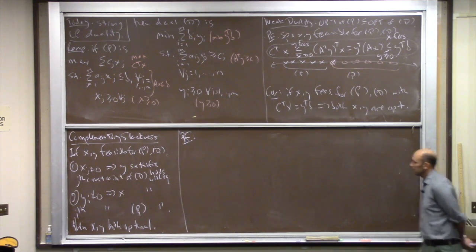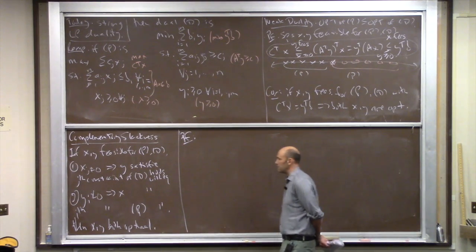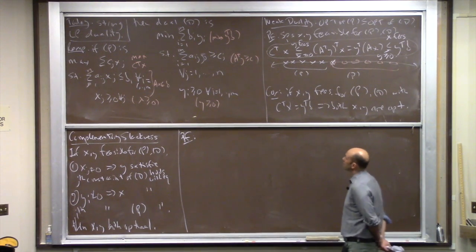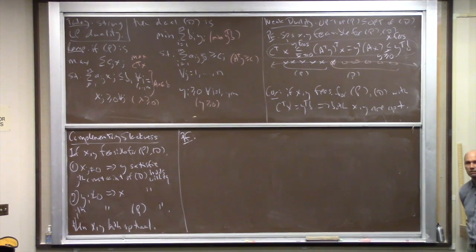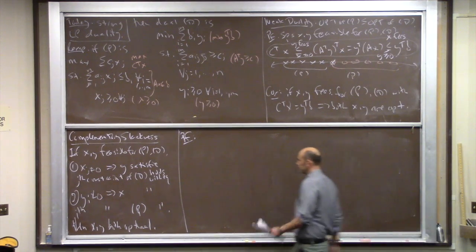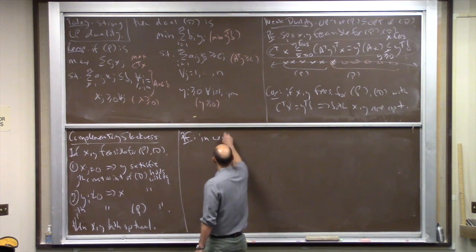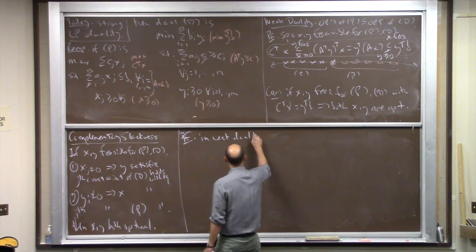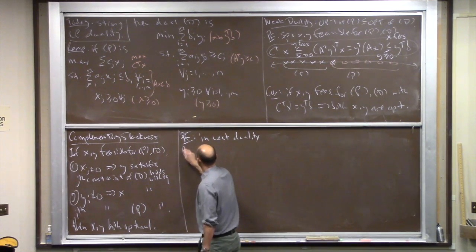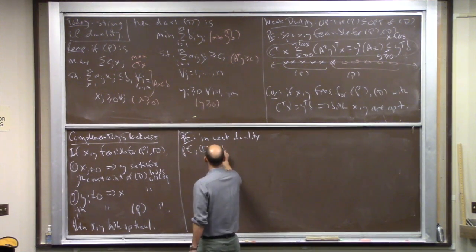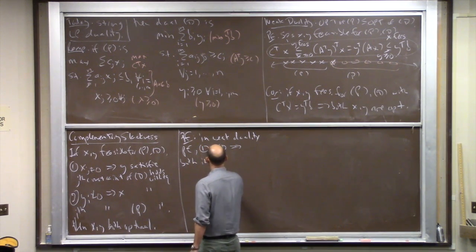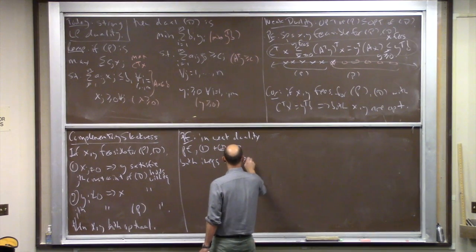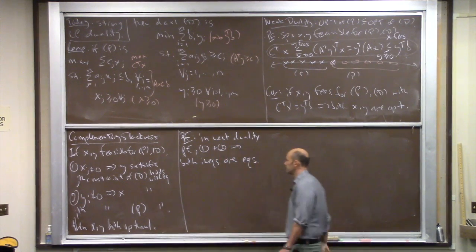I claim that the point of conditions 1 and 2, what it buys us, is it allows us to conclude that both of the inequalities in the circled derivation are actually equalities. So in the weak duality proof, 1 plus 2 imply that both inequalities are actually equalities.